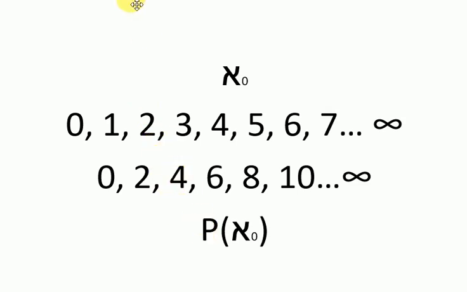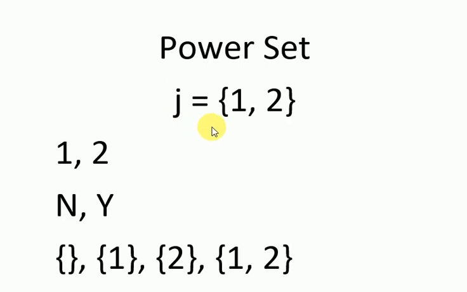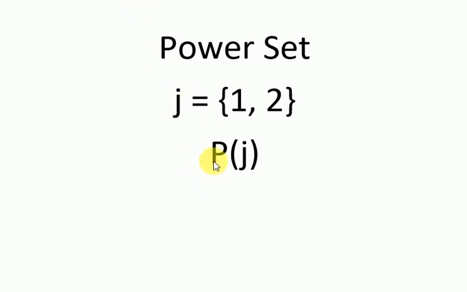Let me explain. A power set is written as a big P with two braces and the set you're trying to get the power set of in the middle. So if I have a set J, which contains the number 1 and the number 2, and I want to find the power set of it.